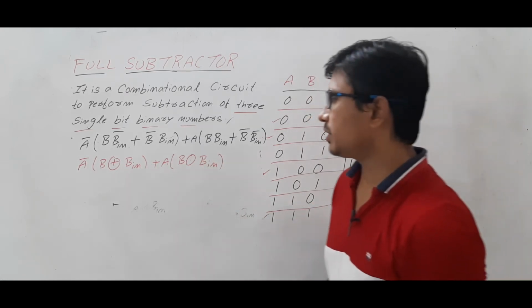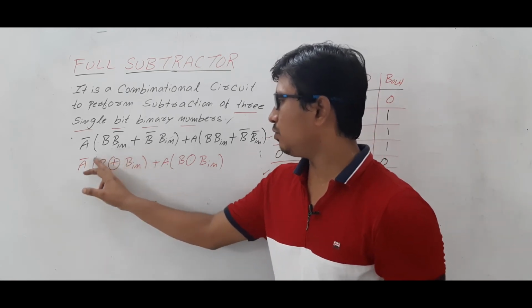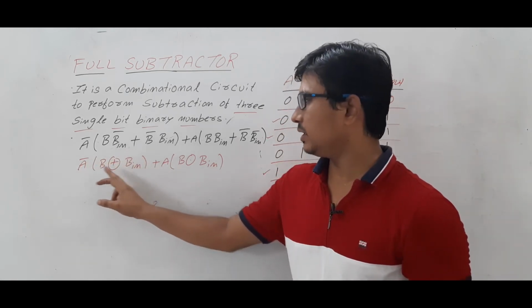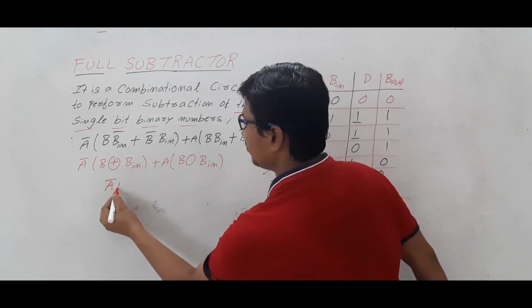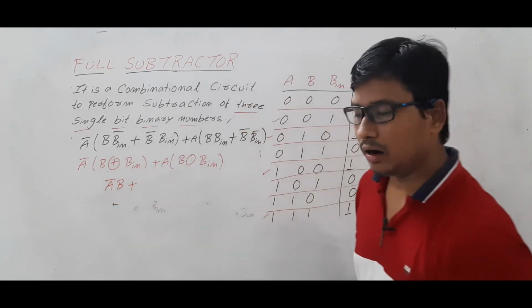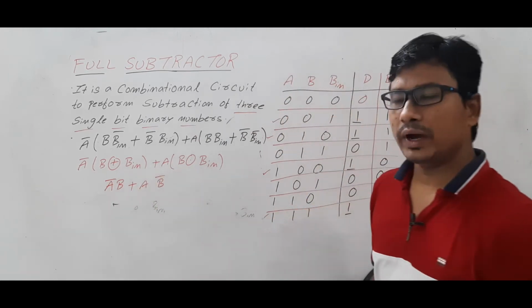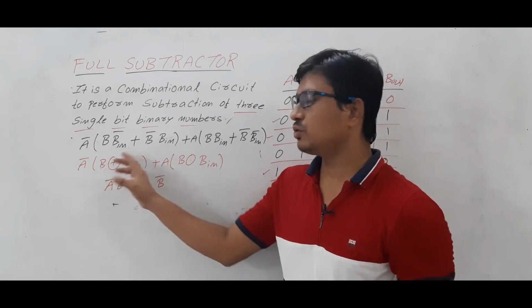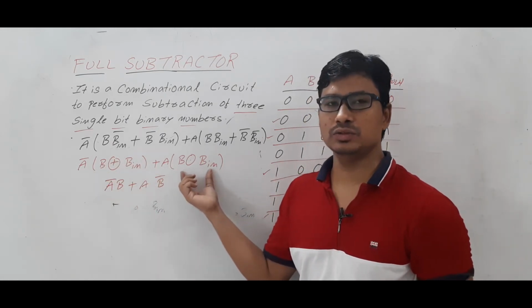Okay, now if you take this one A complement, and if this whole one you take as B, A complement B, okay, this is A complement B or A B complement I can write. Why? Because for exclusive OR, if you take the complement, you will get the exclusive NOR.